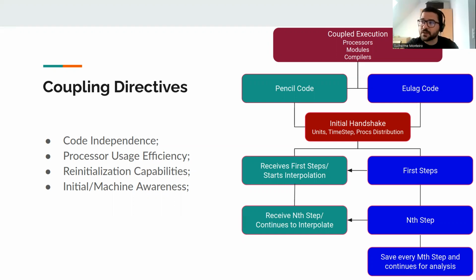But if there was no other code, it will simply run as it would usually do, without any major change. We also looked at processor usage efficiency, which means that none of the codes would be idling, waiting for the other to give any response or to do anything else. They would try to maintain these time rates close together.